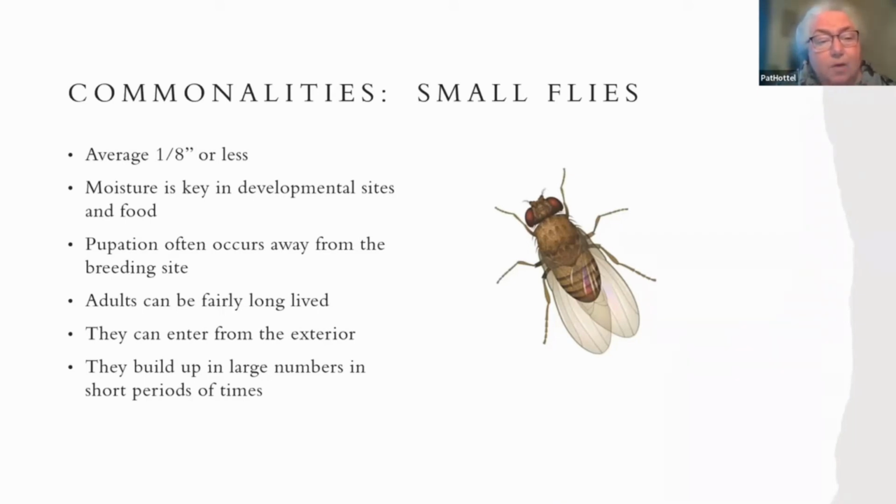Important point to help educate our customers regarding that, because even if they do the cleanup, right, we've gotten to the source, we found that rotten potato underneath the prep table, and we've eliminated that source, you can still have adults hanging around for a fair amount of time. And it doesn't mean that we didn't find the source. It could mean that we just have adult survival.